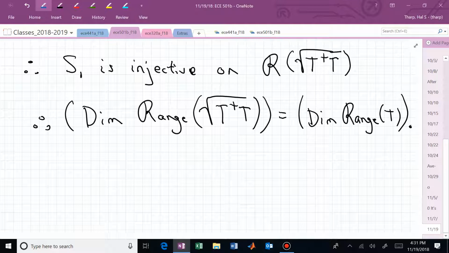So what we're saying is that the dimension of the orthogonal complement of the range of T is the same as the dimension of the orthogonal complement of the range of the positive square root of T dagger T. If these two are the same, and our underlying vector space V is the same dimension, and we're playing with finite dimensions, now we can conclude something about their orthogonal complements.